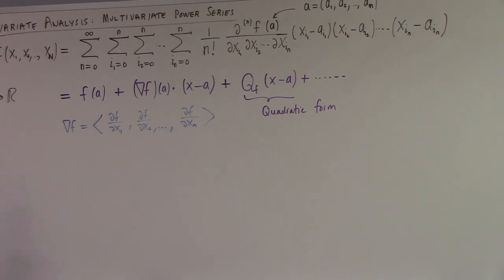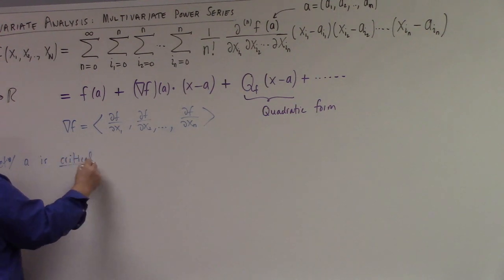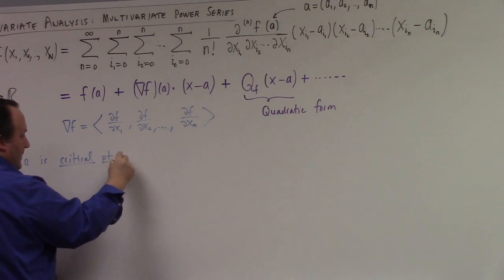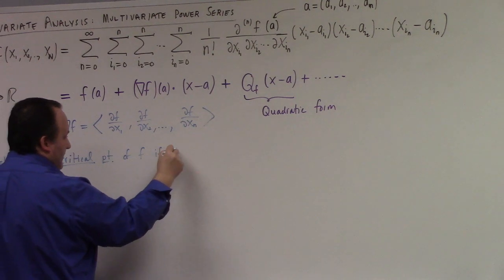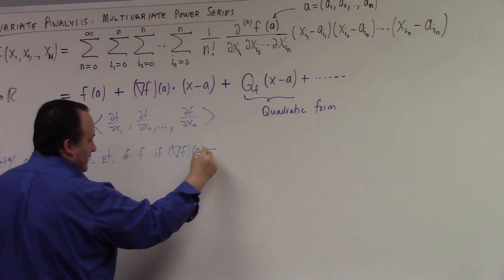So definition: a is a critical point of f if the gradient of f at a is equal to what?